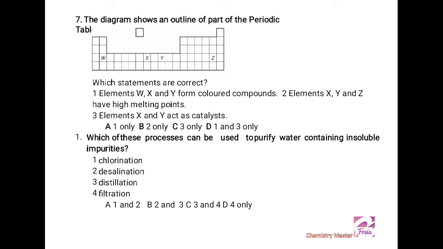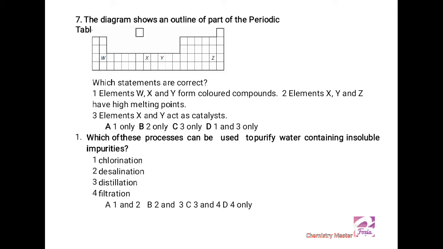The 7th MCQ, the diagram shows an outline of part of the periodic table. You have to see which statements are correct. Element W, X and Y form colored compounds. We will think about it later on.